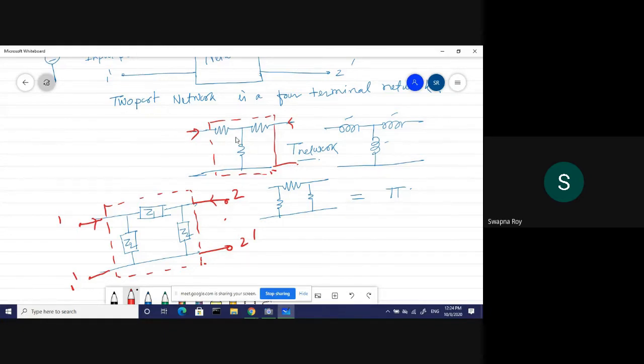In two-port networks, in our syllabus, what do we have?